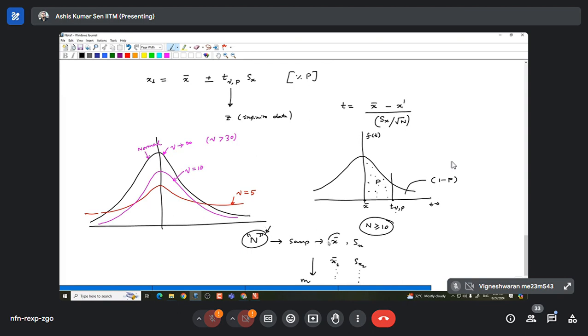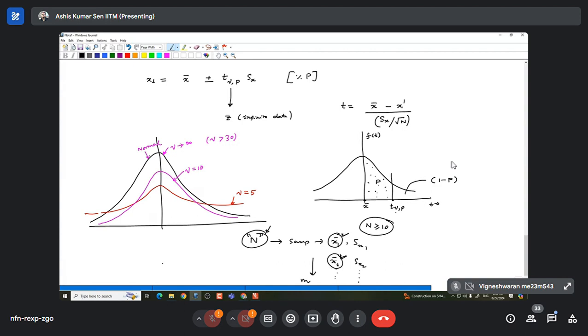Each data set has a mean, right? x1 mean, x2 mean, and the corresponding standard deviations. Statistics says that these mean values of the individual data sets, m number of data sets, will also follow a Gaussian distribution.